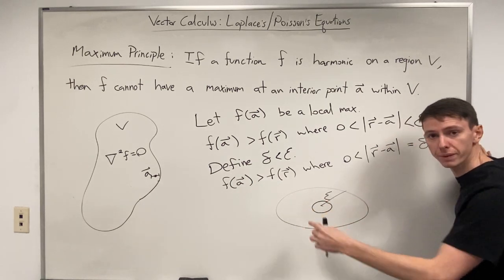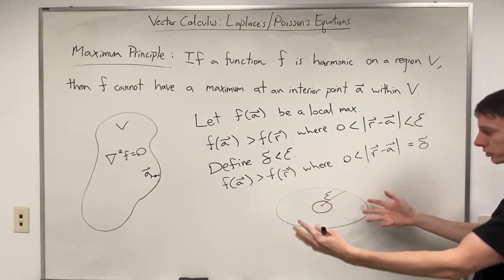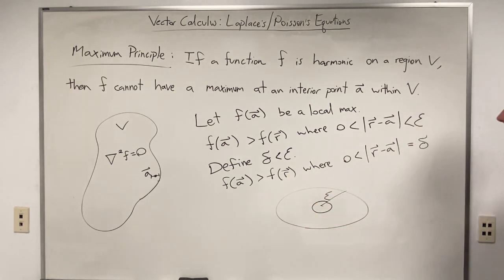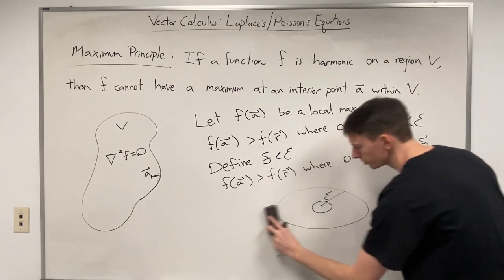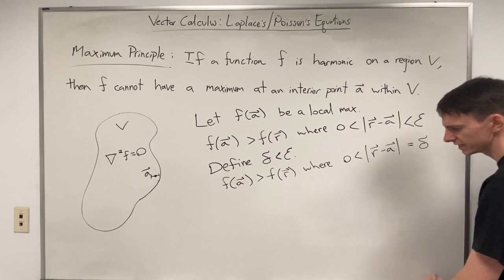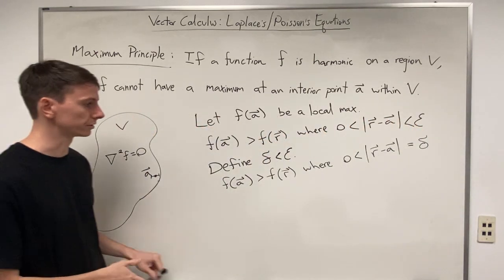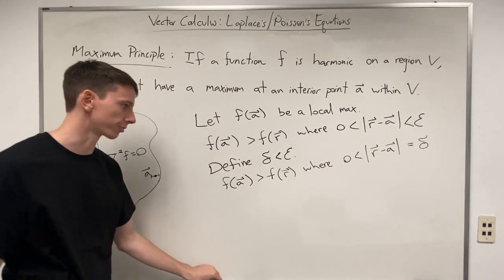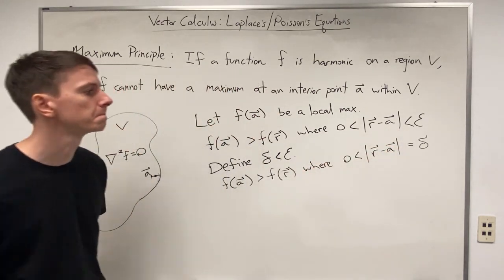I could also include the boundary, right? Because this boundary is contained within the overall larger boundary which we originally defined. So I can replace this less than sign with an equal sign, and we'll see why that's important in a second. That's the other practical purpose of having this smaller neighborhood parameter delta. You can replace the less than sign with an equal sign.